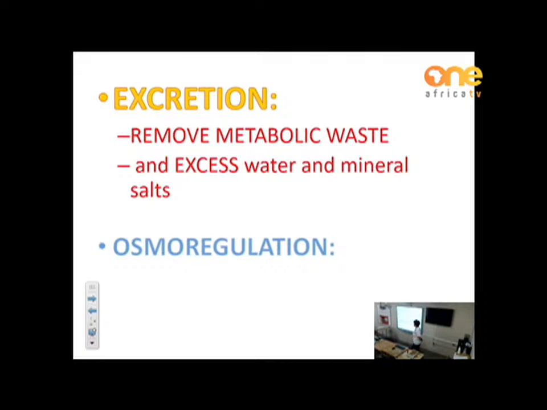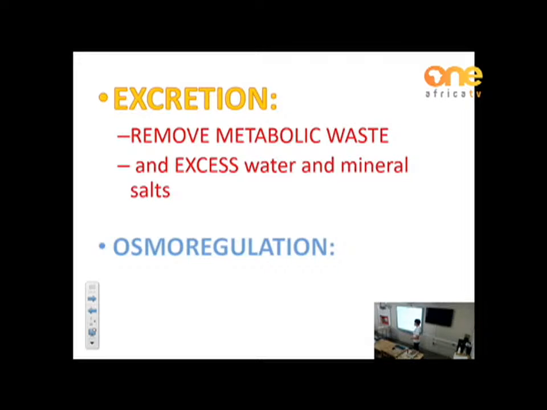So excretion is removal of metabolic waste, and we now look in our introduction that we get rid of it through our skin, through our lungs, and through the kidneys.